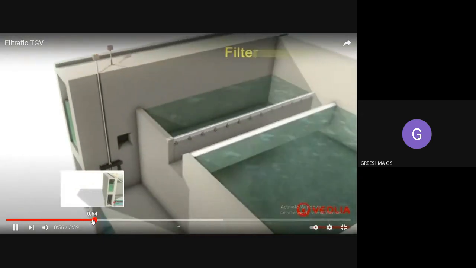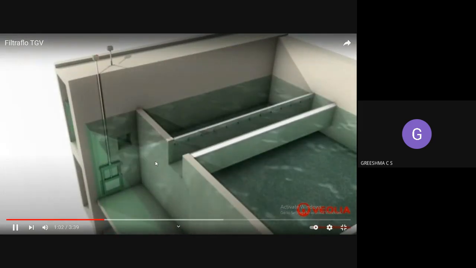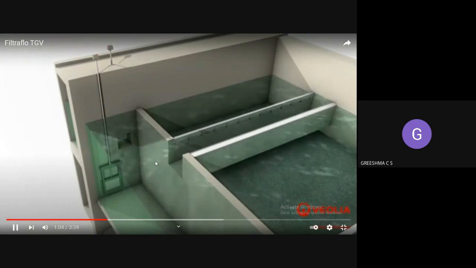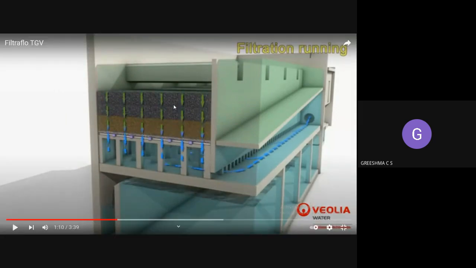Now we can see at the inlet water being filtered. See, here water has been filtered. So water is entering the chamber. This is the filter bed over here. Through the filter bed the filtered water will be collected over here.